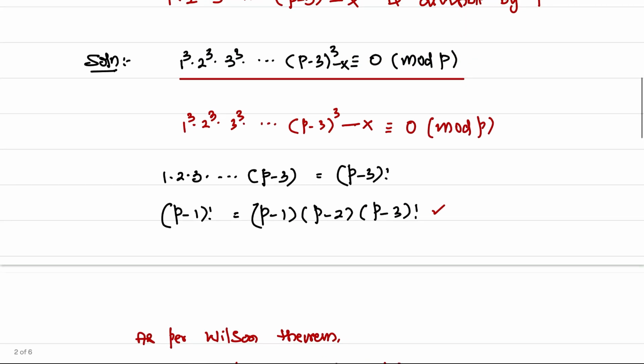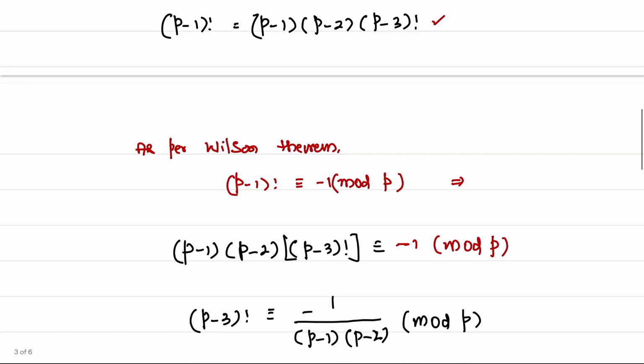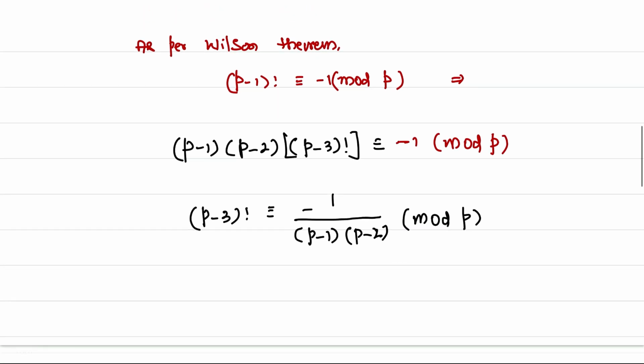What is the problem given to us? 1 cube into 2 cube into 3 cube up to p minus 3 whole cube minus x equivalent to 0 mod p.